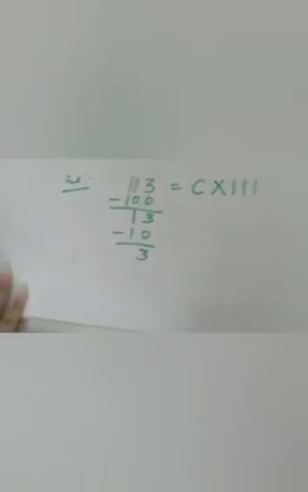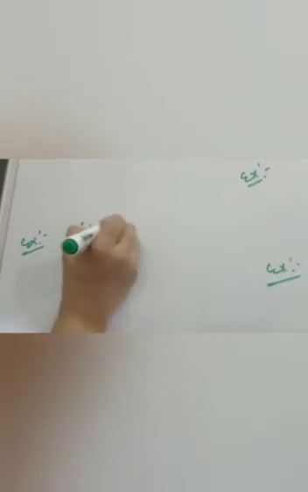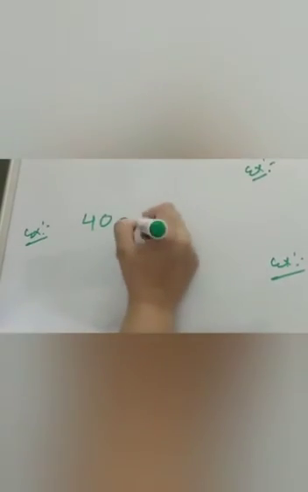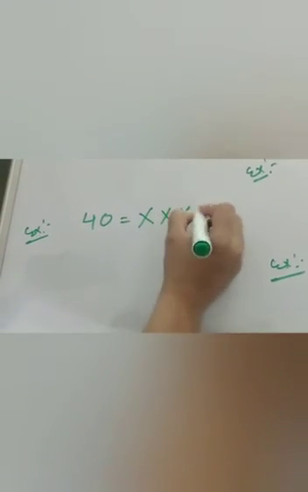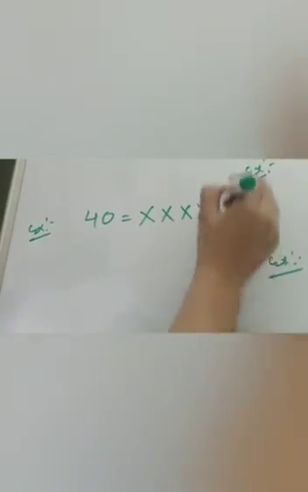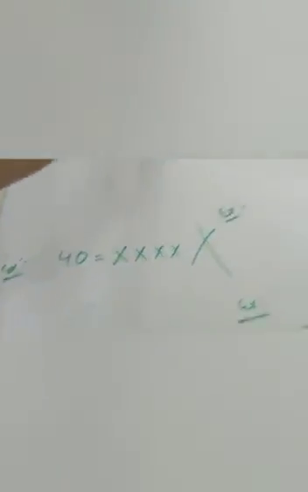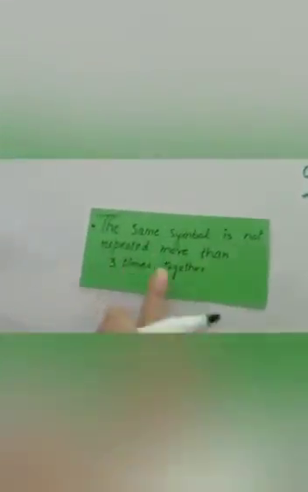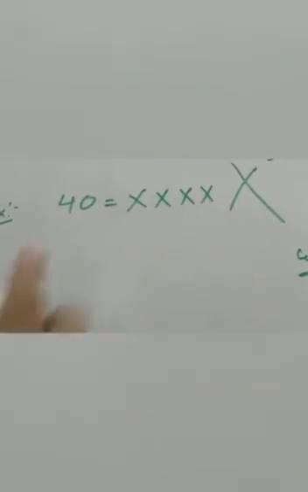Let's take one more example. How to write 14 in Roman numerals? XXXX? No, this is wrong, because the same symbol is not repeated more than 3 times together. So how will we write 40?